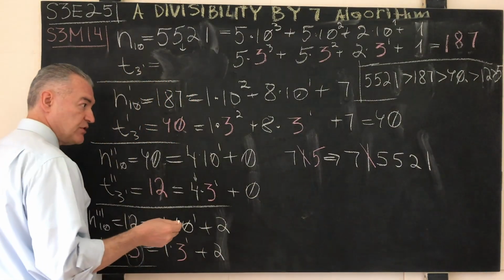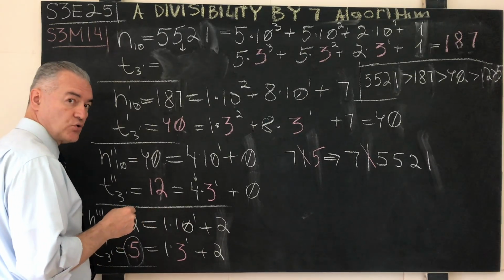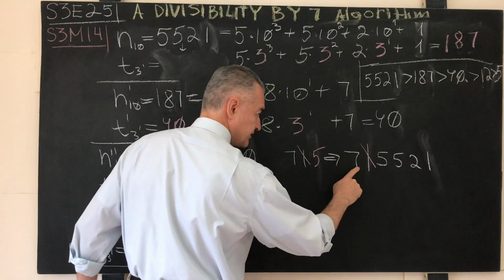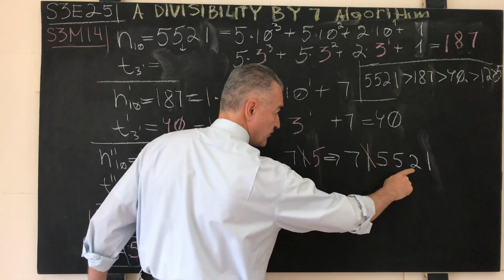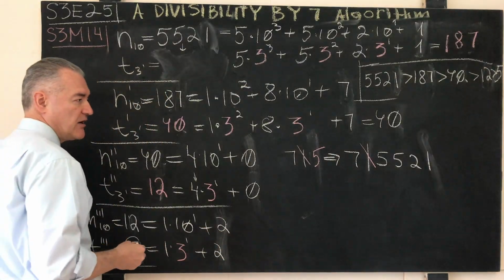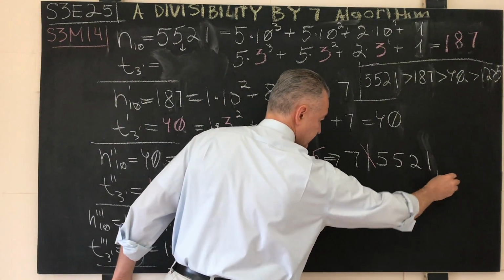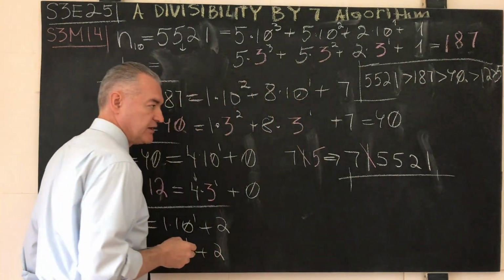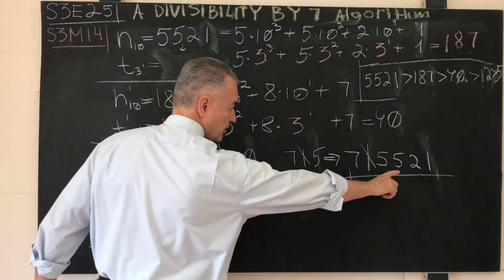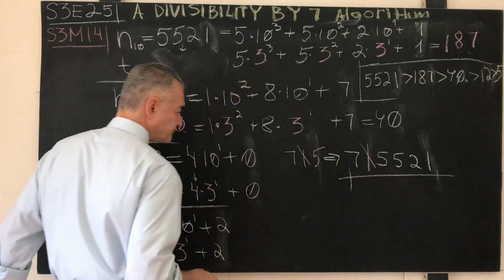No, over the arithmetic of integers or in integral division, 7 does not divide 5. Consequently, 7 does not divide 5,521. And so here we have the result that was carried out into the title of this segment. No cigar. 5,521 is not divisible by 7.